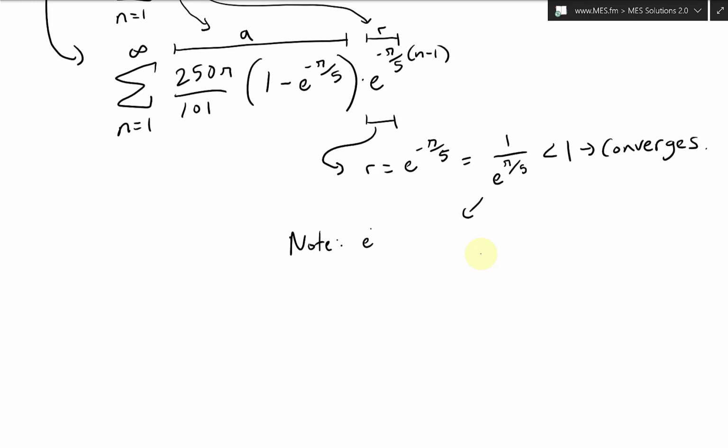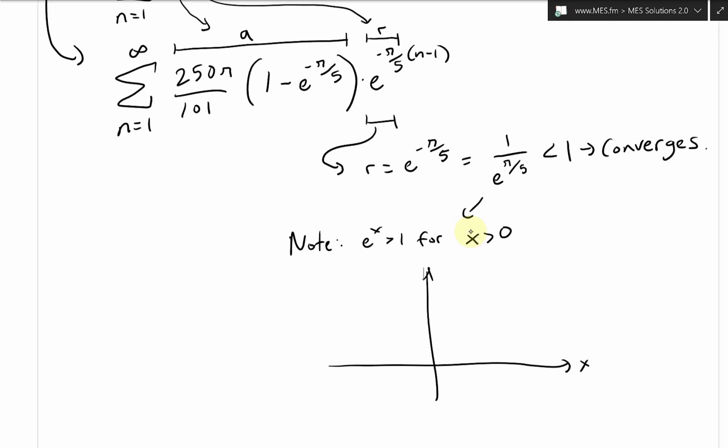Note e to the x is greater than 1 for x greater than 0, because if you recall the graph for e to the x, if this is x and this is y, or e to the x, and this is at 1, e to the 0 is 1.